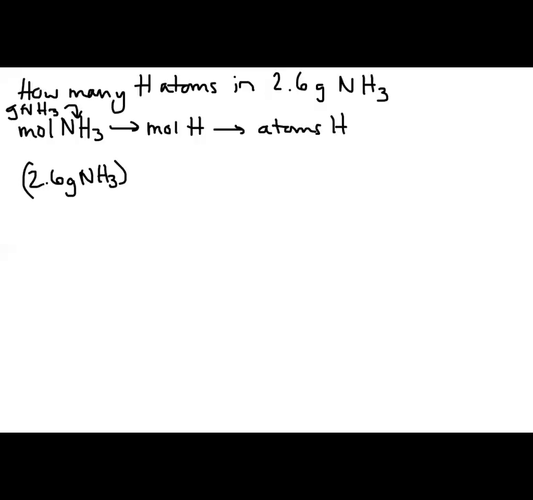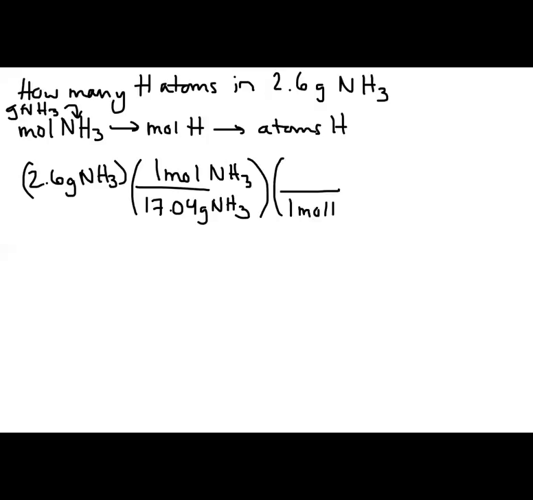So it's 17.04 grams of NH3 per mole of NH3. What's our ratio in the next step? Yeah, 1 mole of NH3 and 3 moles of H. And now we can use Avogadro's number to go from moles of H to atoms of H.